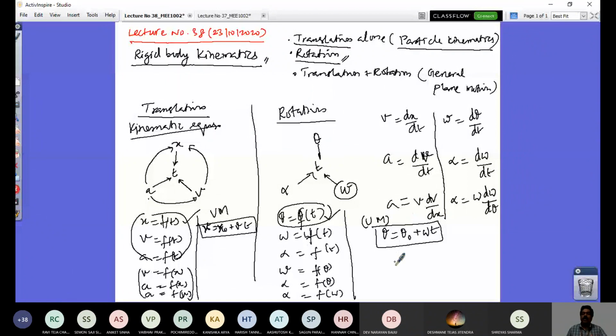So similarly, now when it is not constant, only alpha is constant, what will happen? If this alpha is constant, so these relations disappear. So this disappears and this disappears, and only you have 3 relations.